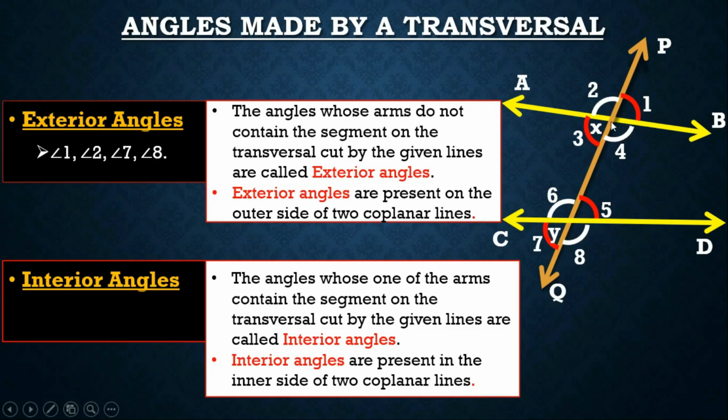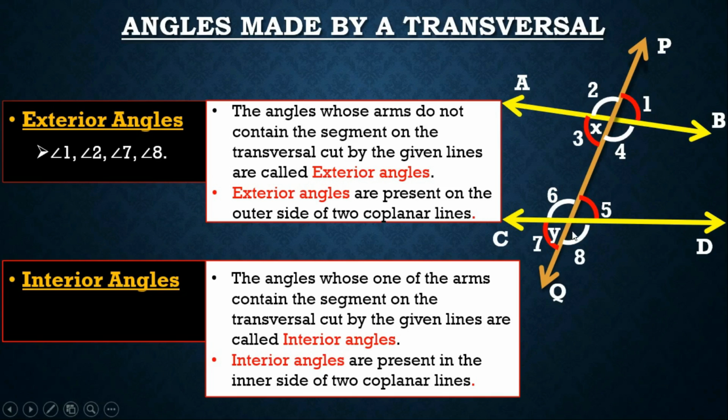Angle PXY has two arms XB and XY. This XB is one arm and XY is the other arm. This XY is the segment of PQ. So angle BXY is made up of two arms. One arm is XY, which is the line segment, and hence this angle is an interior angle.